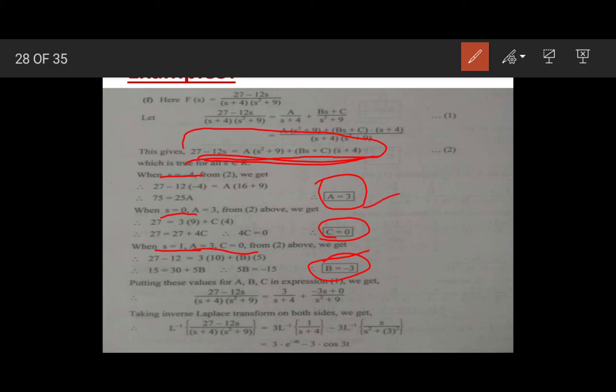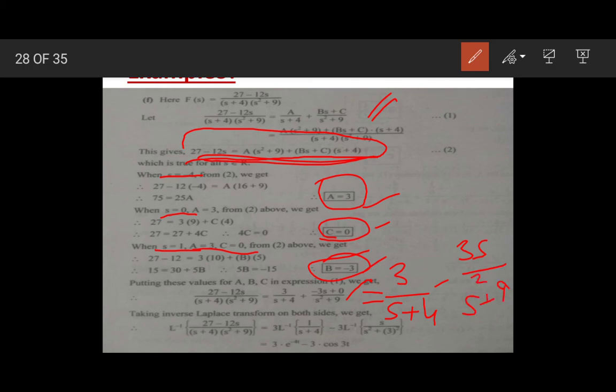So after getting A, B and C values, we will substitute those values in the partial fraction. Then we get partial fraction as 3 upon (s plus 4) plus (minus 3s plus 0) upon (s square plus 9). So we can write this as 3 upon (s plus 4) minus 3s upon (s square plus 9).